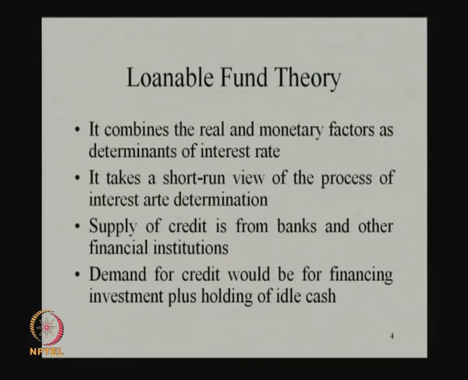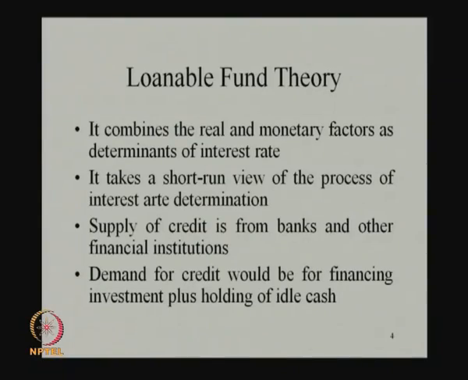The Loanable Fund theory basically combines real and monetary factors as determinants of the interest rate. The classical theory totally ignores the monetary factors which can affect interest rate determination. But the loanable fund theory was trying to explain this concept in the context of both nominal and real variables.